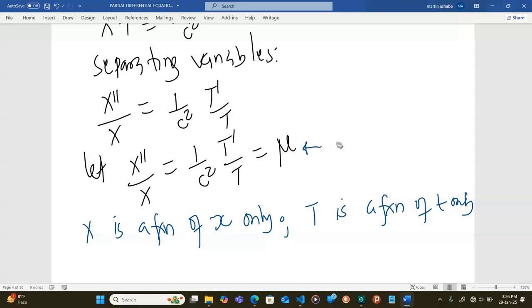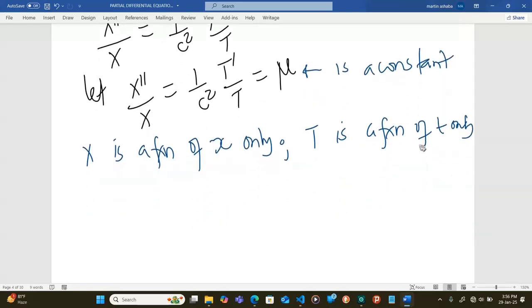If it is a constant, then I will have X double prime minus X nu equivalent to 0, and obviously T prime over T equivalent to c squared nu.